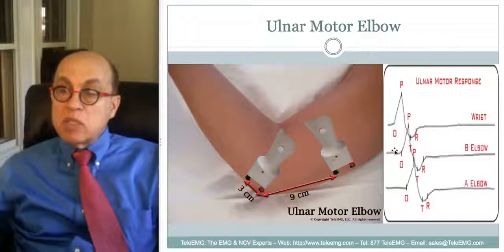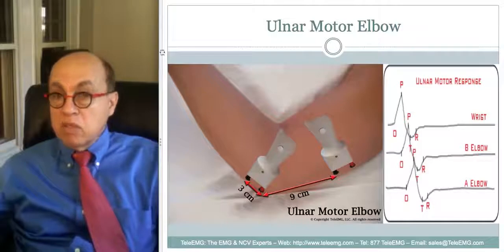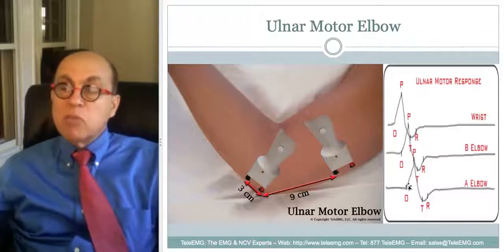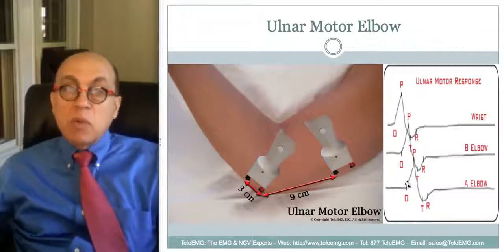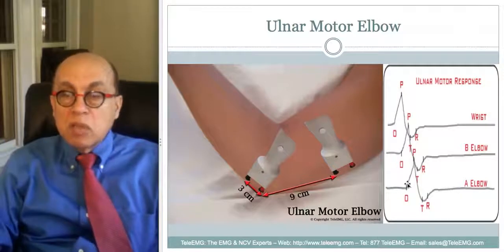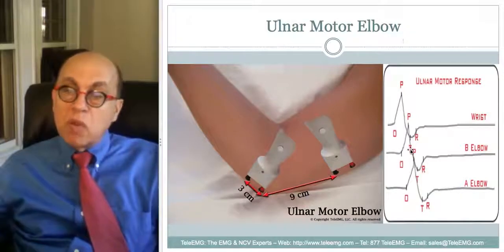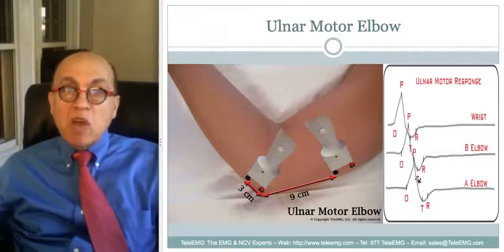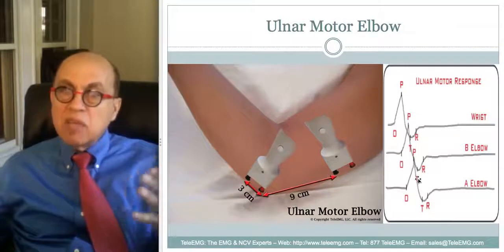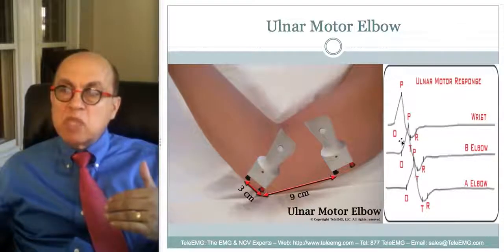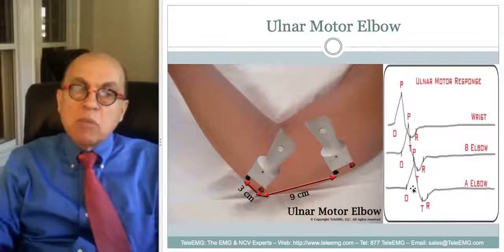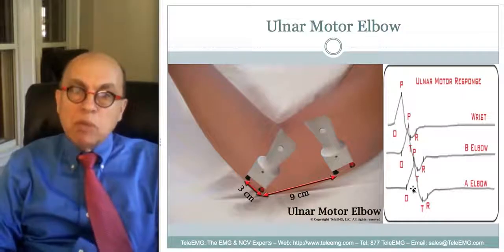From below elbow, it's further down because it's a longer distance. From above elbow, it's even further. And now we calculate conduction velocity between the wrist and below elbow and above elbow. If you have an ulnar neuropathy, 9 times out of 10, it's going to be between this response and that response, between the above and below elbow.